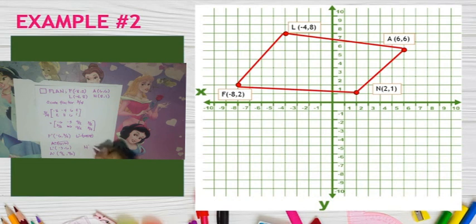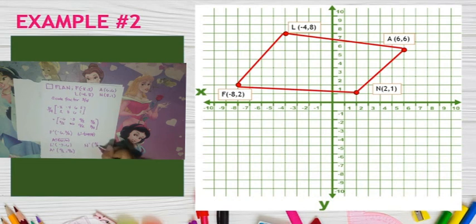And N prime will be 3/2 and 3/4. Let's just write this one much more clearly. 3/2, 3/4.